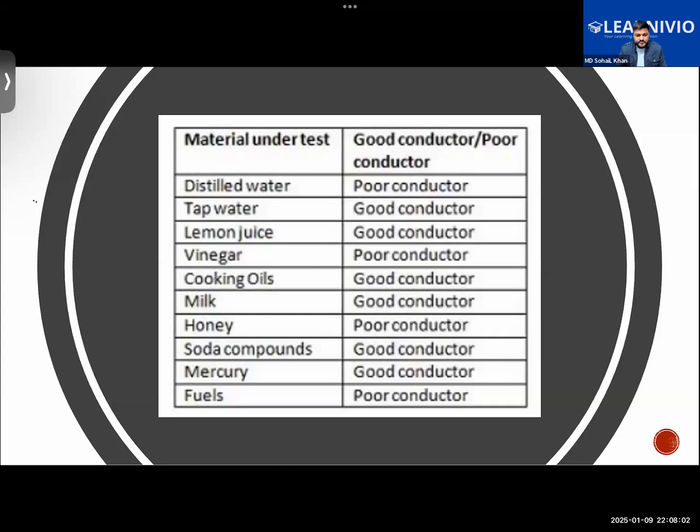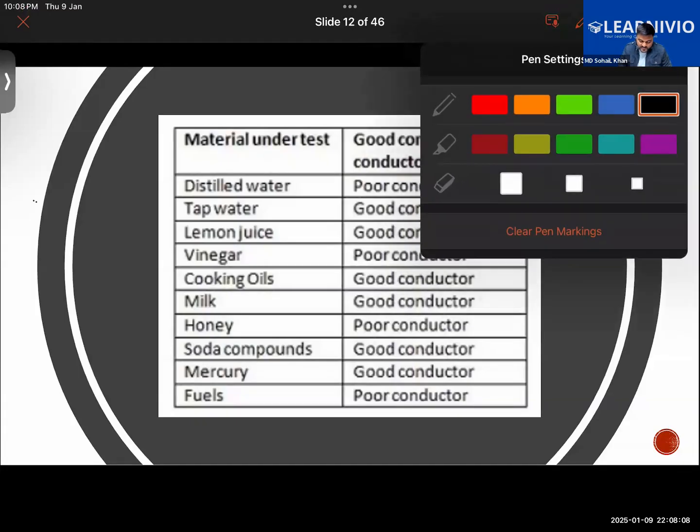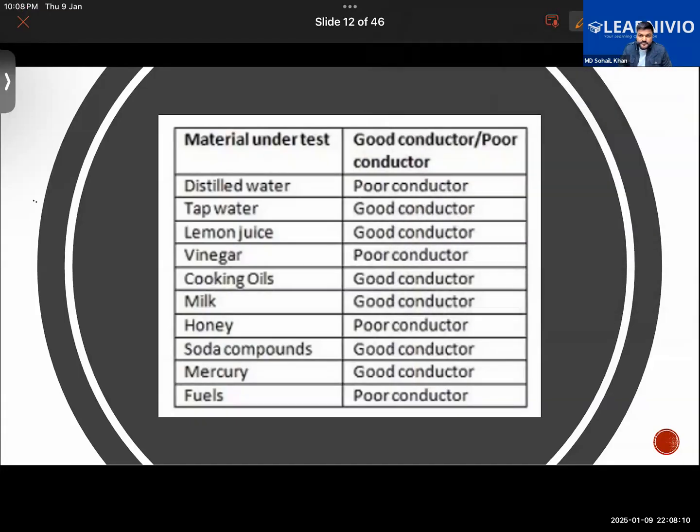Tap water, good conductor. Why will the tap water be a good conductor? Because it has impurities. Exactly. It has mineral salts, bacteria, etc. in it. Lemon juice has impurities, it's a good conductor.